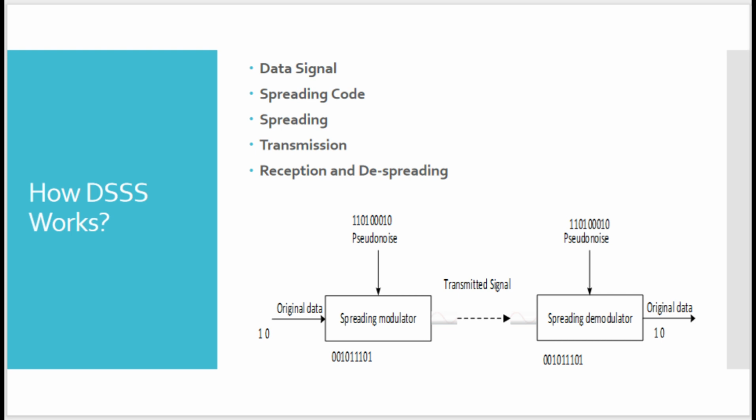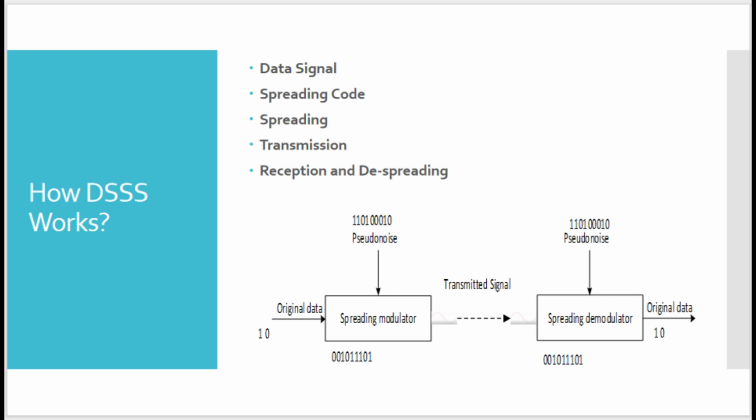So at the sending end, the original data and the pseudo noise sequence are mixed in the spreading modulator. The PN sequence, or PN code, which we also call chips, is a much higher bit rate sequence, a series of 1s and 0s.